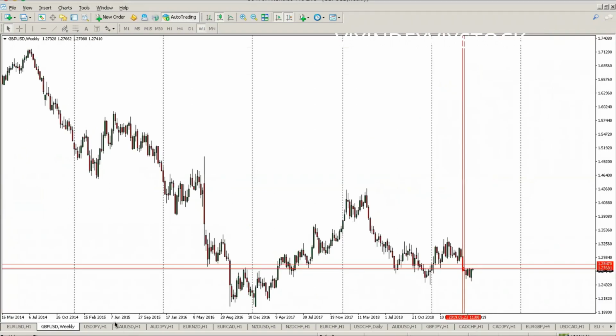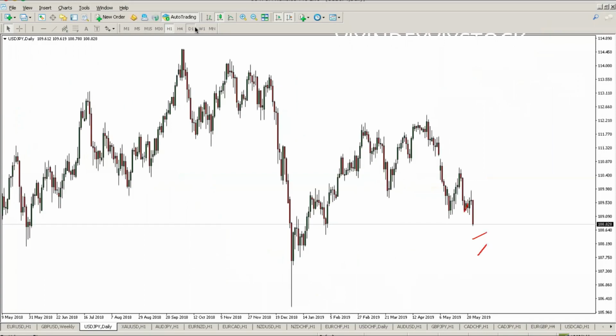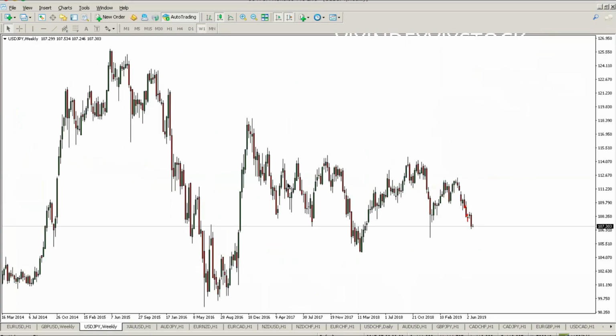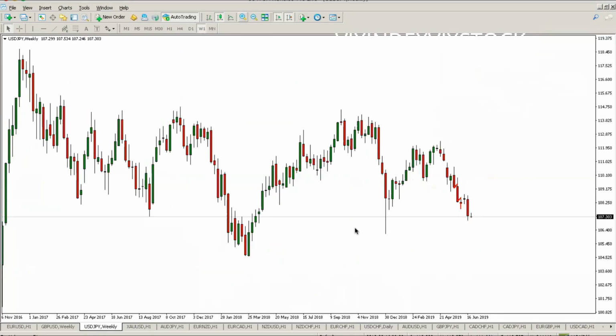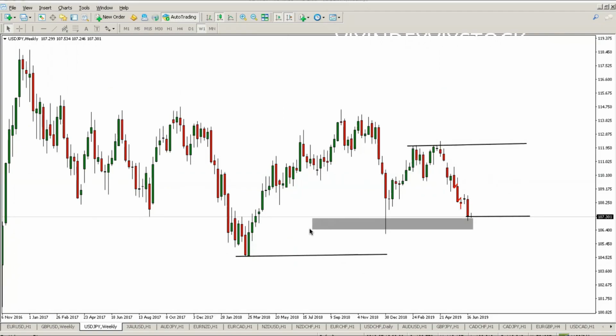Not clear. So then current, nearest, there we go. So that's the gap.